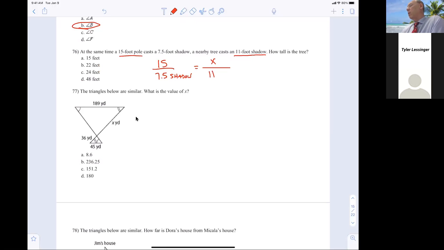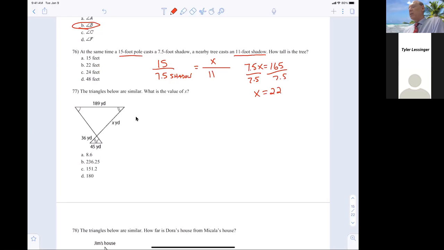So now we cross multiply. 7.5X equals 165. Everybody good with that? Then we divide by 7.5, divide by 7.5, X equals 22. Everybody good with that?